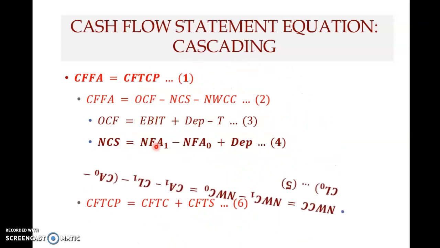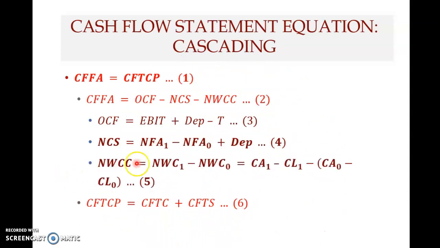The other equation that we change slightly is net working capital change. In the previous equation we had change in net working capital, but here we change it to net working capital at the end of the present year minus net working capital at the end of the previous year.